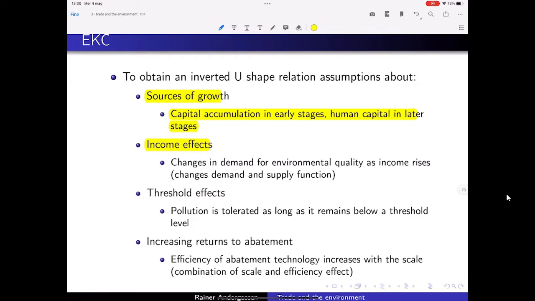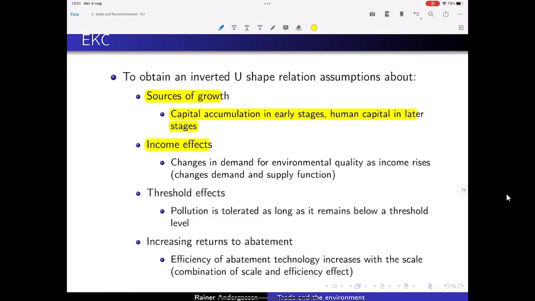Threshold effects. So pollution is tolerated as long as it remains below a certain threshold, and then once it's larger, you start engaging in activities aimed at reducing emissions. And then what you can also have is increasing returns to abatement. Okay, so meaning that at the very beginning, abatement costs are very high because technologies are very new.